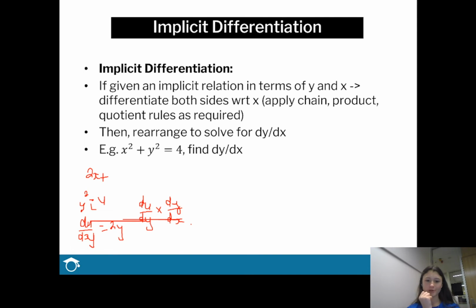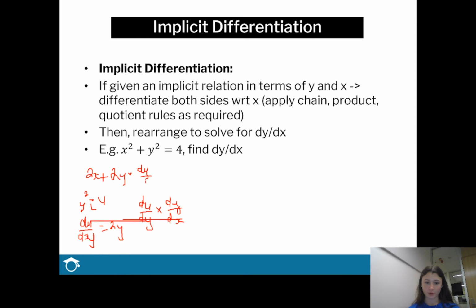So that means that du dx is equal to du dy times dy dx, which is, as we've calculated before, 2y times dy dx. So over here we're going to have 2y multiplied by dy dx.